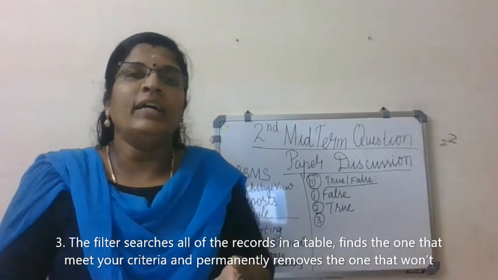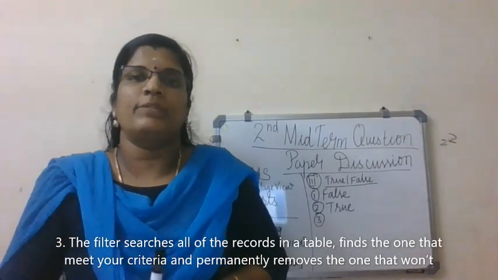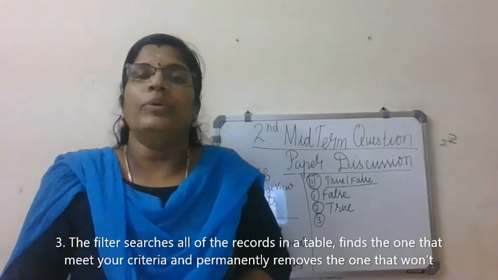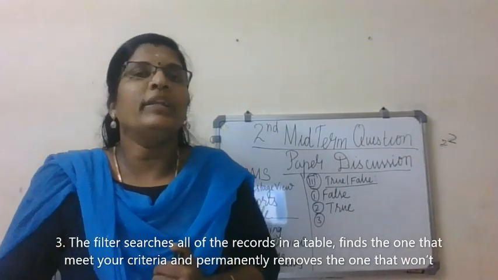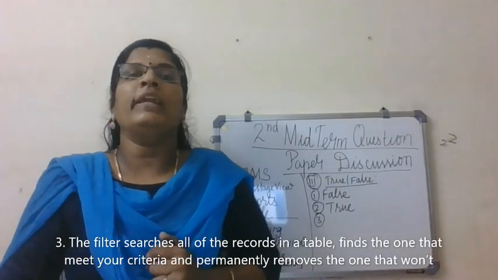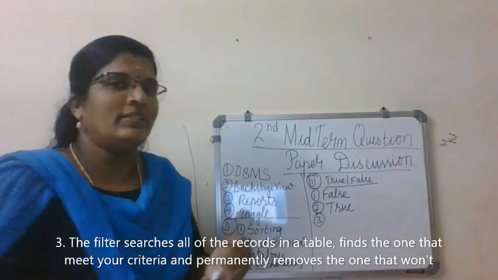Does the filter remove the remaining records? No, it is not removing them. They will be there. When you click on the toggle filter, you will get them back. So this statement is false.